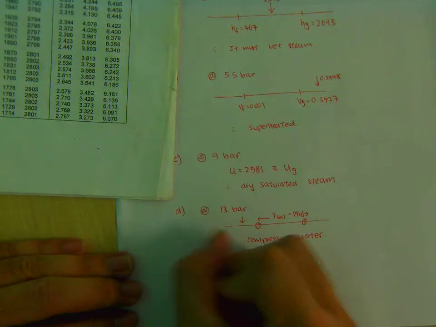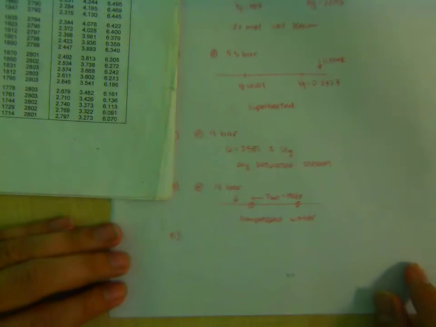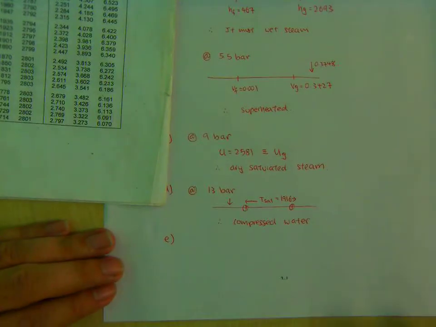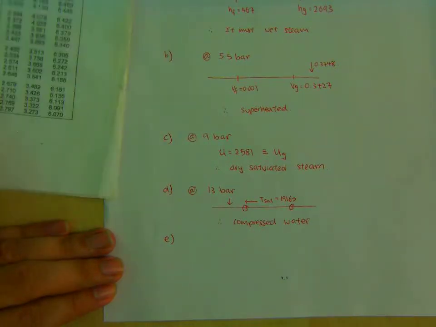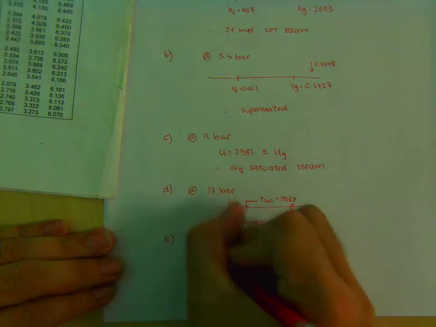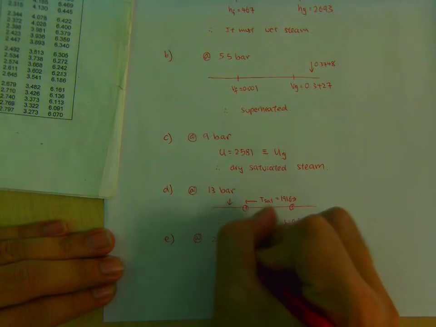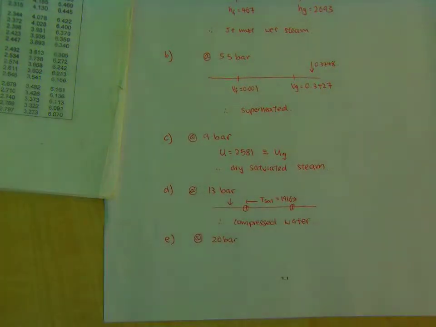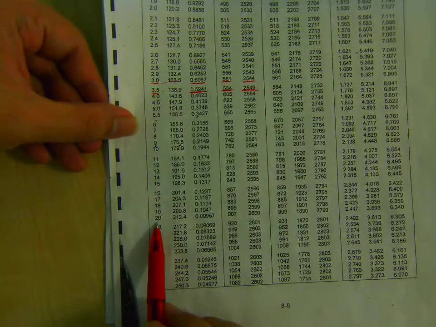E. For E, what we have here is 20 bar and U is 907. So we go to the 20 bar row of the saturated water and steam table.